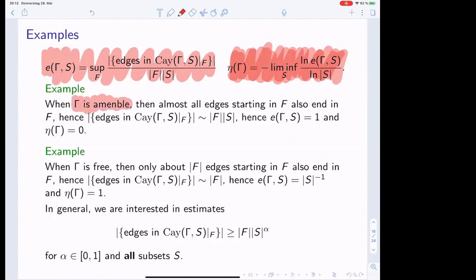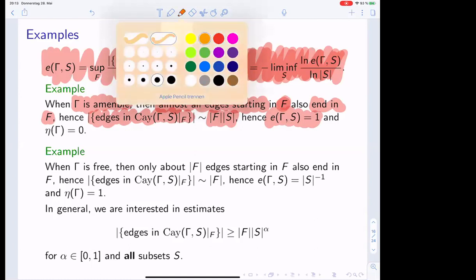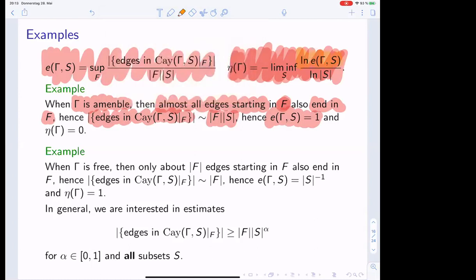In the amenable case, if you look at a large invariant subset F, then almost all the edges that start in F also end in F. And so the number of edges in this induced subgraph is almost the size of F times the size of S. So when F is very large, this ratio will be almost equal to 1. And the logarithm of 1 is almost 0. So you see that this invariant eta that we have been defining must be equal to 0.